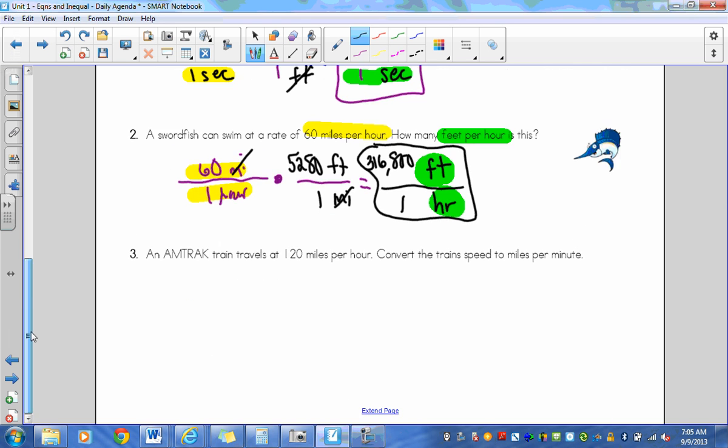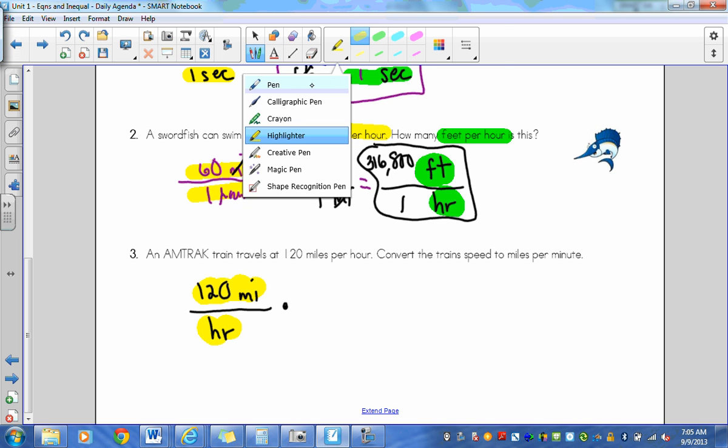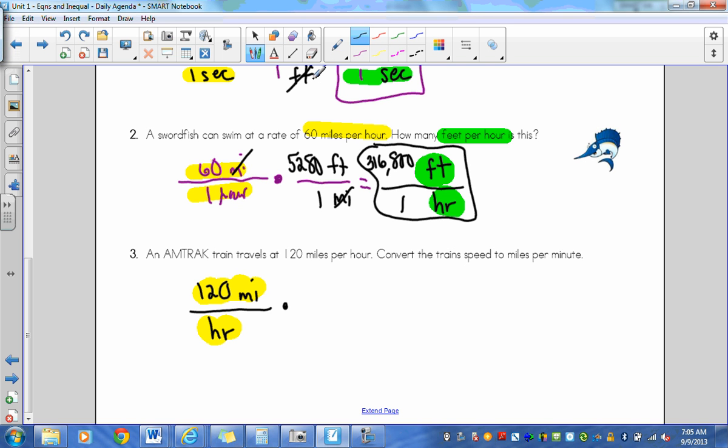All right, the Amtrak train travels at 120 miles per hour. Convert this to miles per minute. Okay, how is this one different than the other ones? This one I'm changing the time instead of the distance. The other ones I changed the distance.